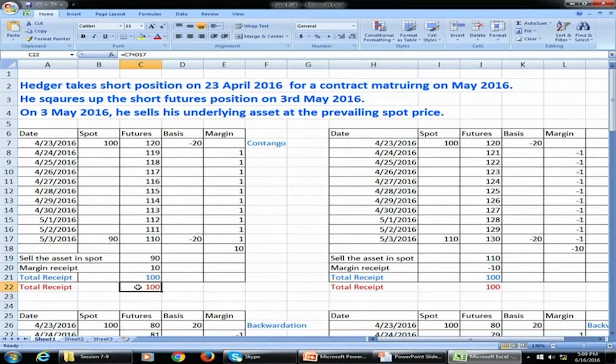This total receipt is also nothing but the futures price contracted on day 0 plus the basis prevailing on the contract squaring up date. So 120 minus 20 is going to give you a total receipt of 100.